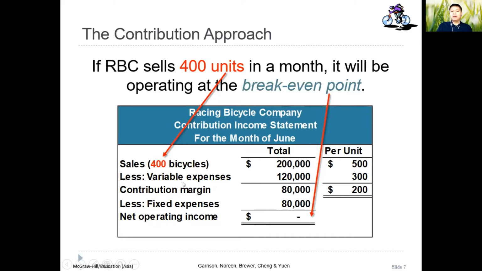You know the variable expense follows the sales, right? So 400 times 300, you get 120,000. And 200 minus 120, you have a contribution margin of 80,000. If the fixed expense is 80,000, then there is no net income, there is no net loss.